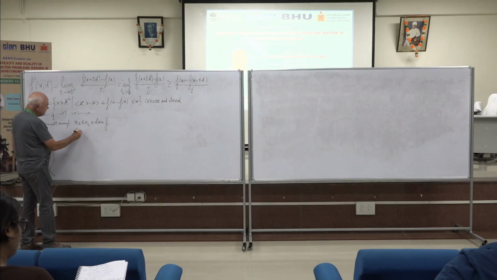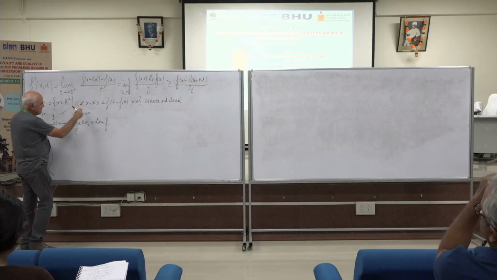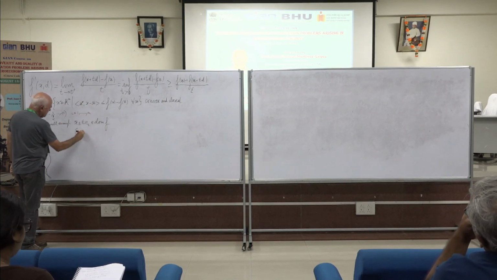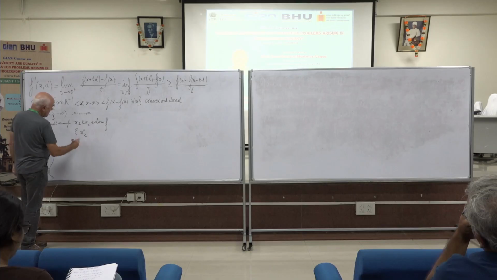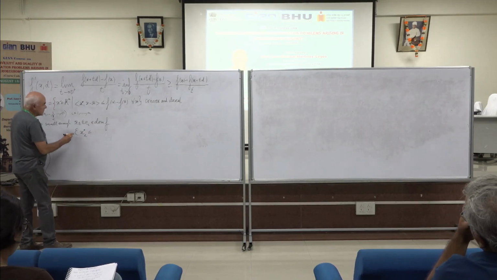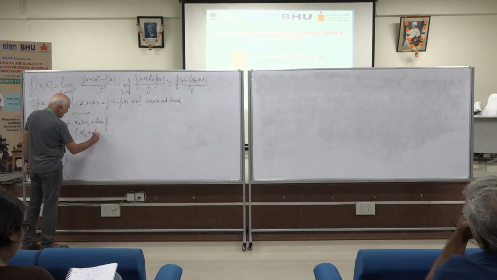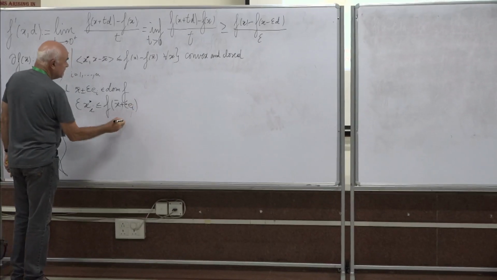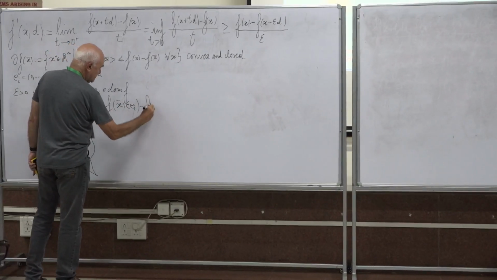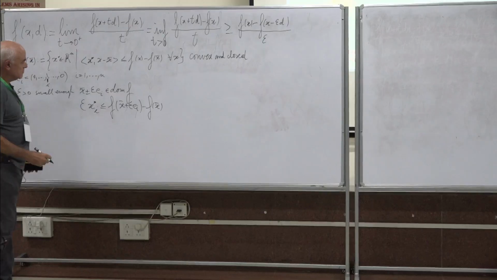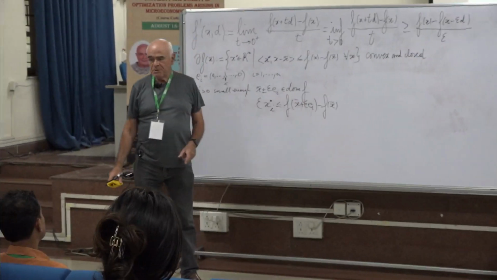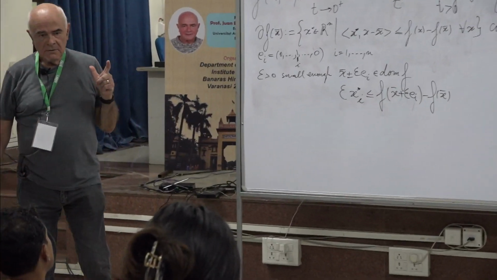So what I get is the ith component of x star: x star i is less than or equal to f of x bar plus epsilon e_i minus f of x bar, which is a finite number because x bar plus epsilon e_i is in the domain of the function.